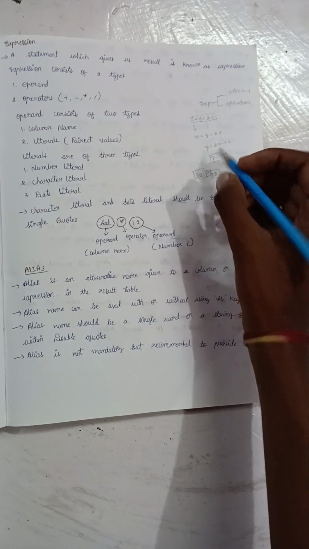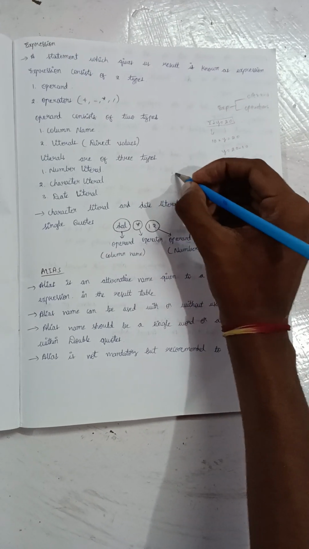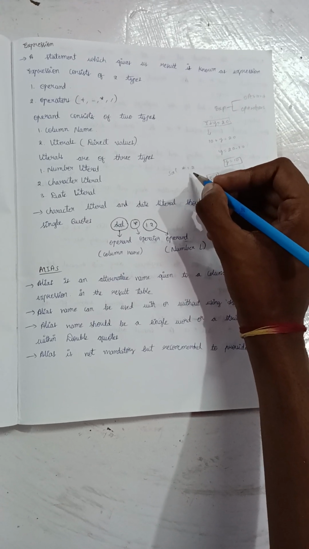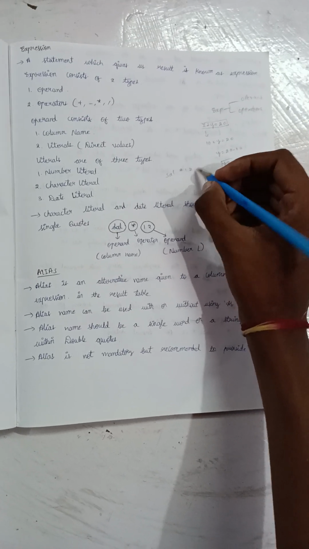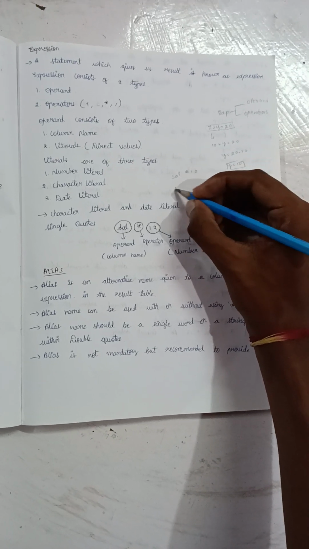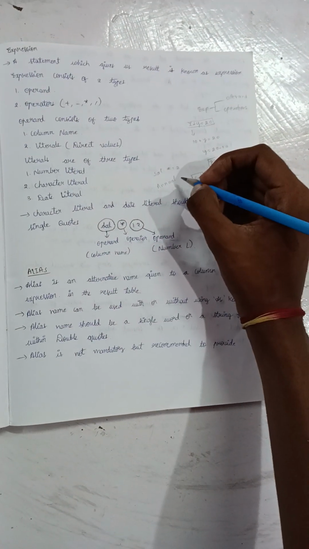Suppose we want to do the multiplication salary into 12. It is an arithmetic expression. After converting it, we have to name it as, say, annual salary. For that we use an alias.